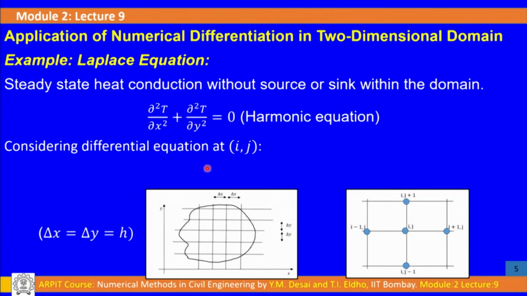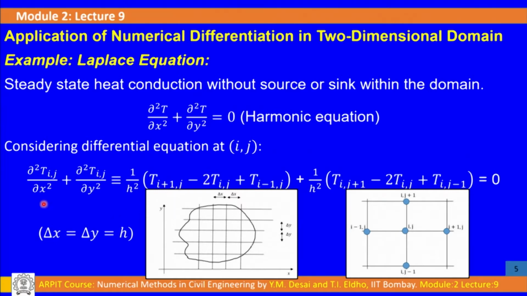Similarly, del square T by del y square we can also express in terms of central divided difference, and that is what we have done here. So, we get values of function T at these 5 points, as we see here. They appear in this expression.